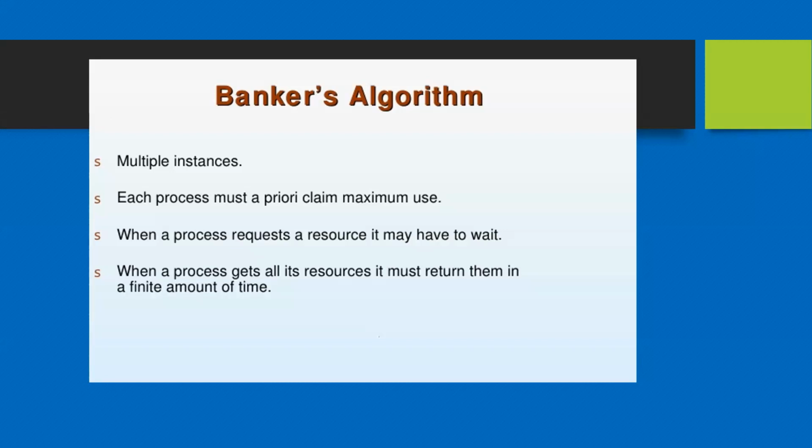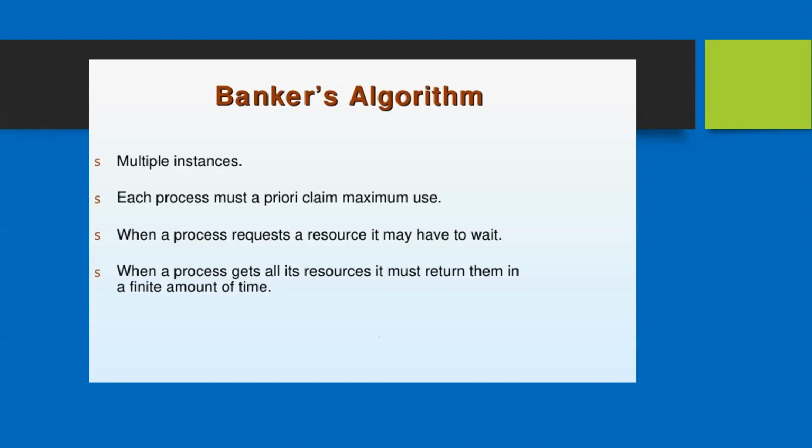But what does the bank do? The bank first looks whether there is a shortage of money, or so much money is not available with the bank officials, so they may deny that request.